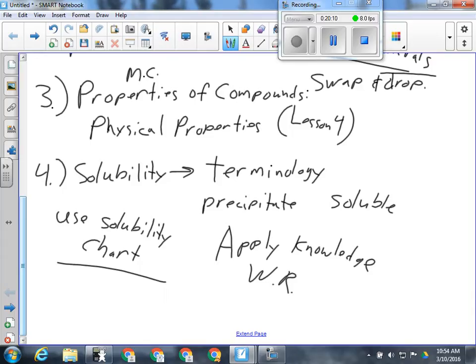Those are difficult questions because they're asking you to really take what you know and put it into use in a new situation. That could have something to do with precipitates and whether something is soluble, and it could also involve reaction types, things like that.